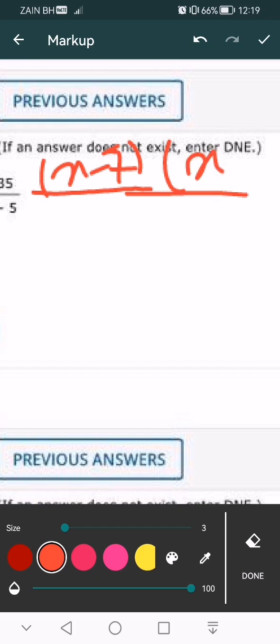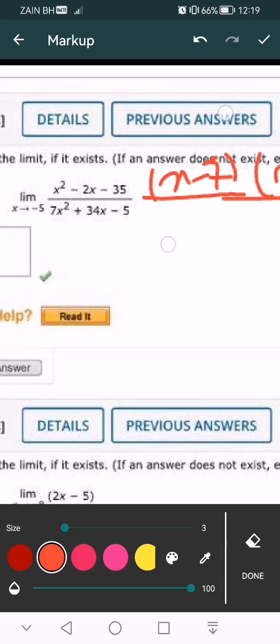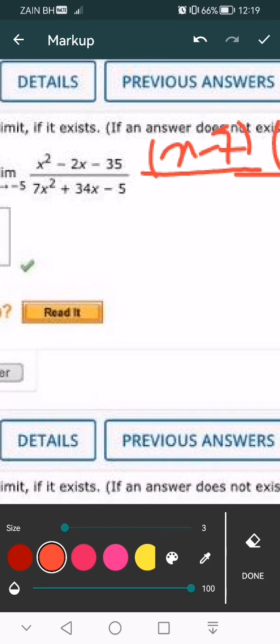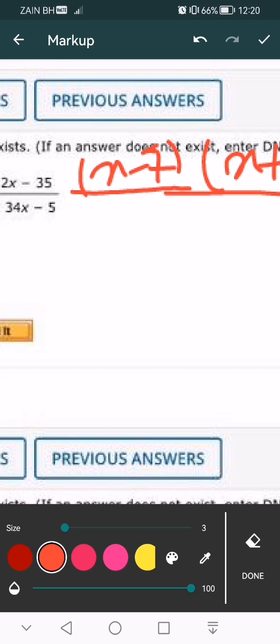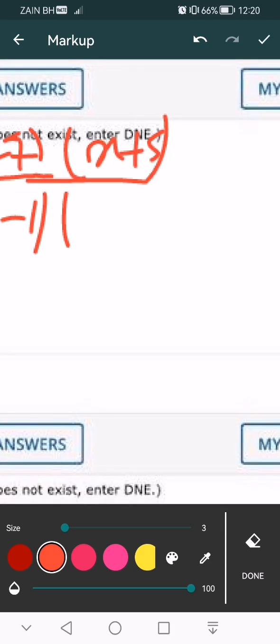Then again for the second one, 7x squared plus 34x minus 5, I will get 7x minus 1 and the second one is x plus 5, from the calculator.